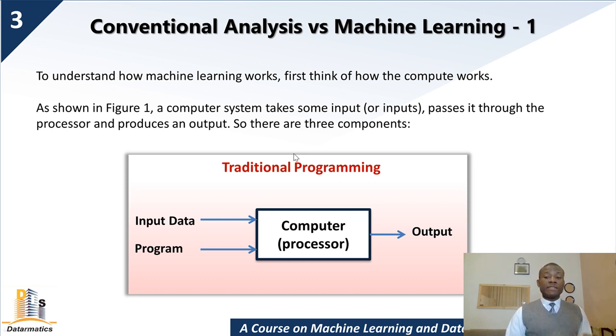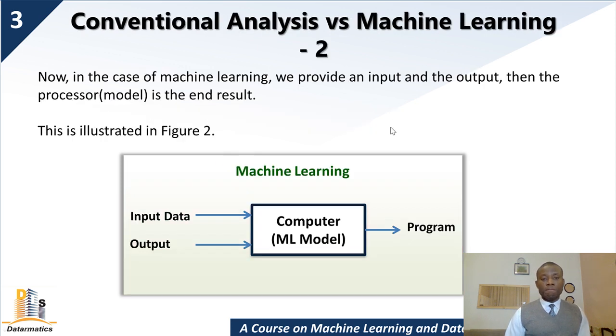So if you have a self-driving car, how does it adjust itself based on the various kinds of data sets that are coming in? Let's now see how machine learning handles exactly the same problem. In machine learning, we provide inputs and outputs, and then the result will be the program. In this way, the machine is writing its own program.